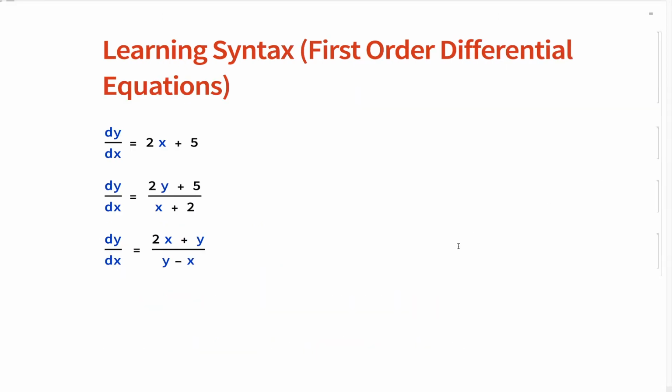Let's take some examples and start learning the syntax first. So we'll start with the first order differential equations. Normally this is how you will find a differential equation written in a textbook. Now how can you translate this in Wolfram language to solve the equation?